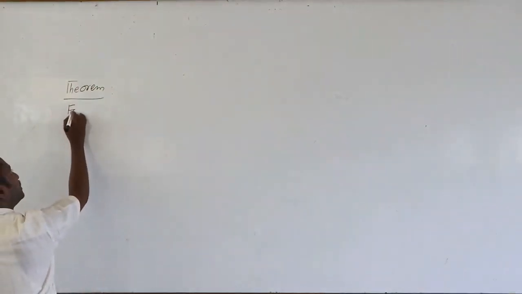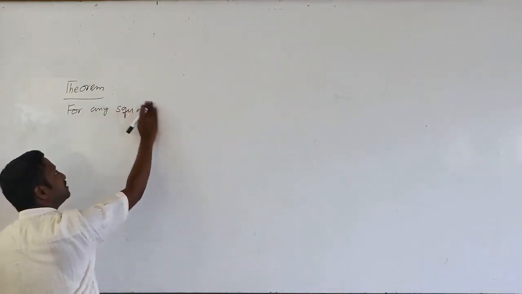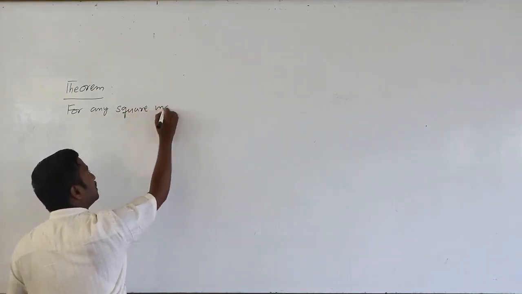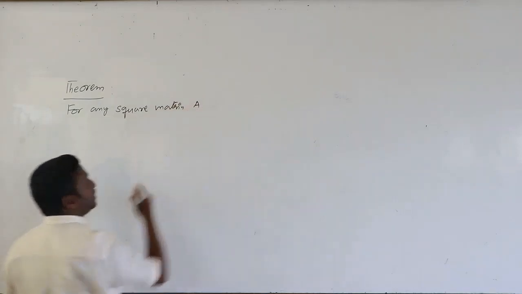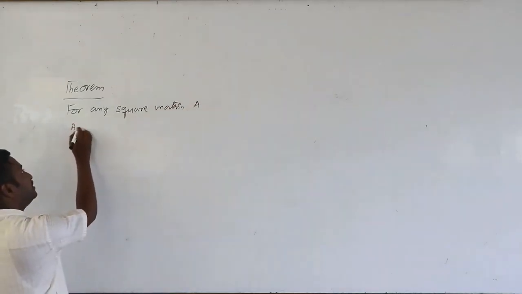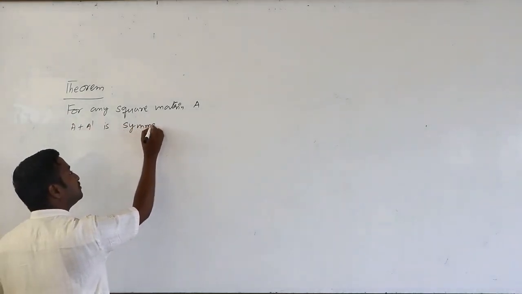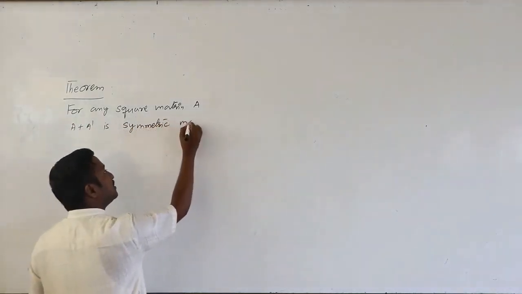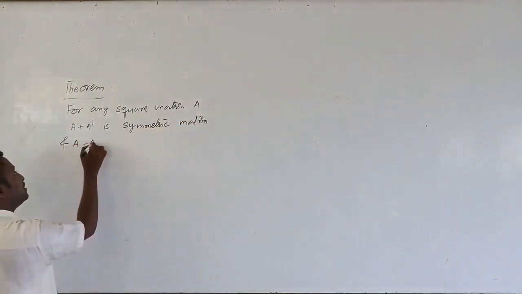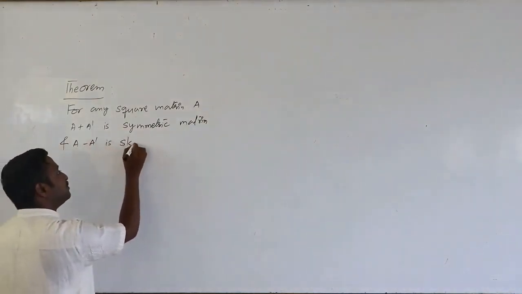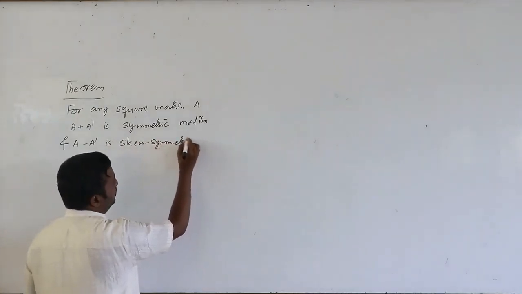For any square matrix A, I am mentioning very clearly, square matrix, A plus A dash is a symmetric matrix and A minus A dash is a skew symmetric matrix.